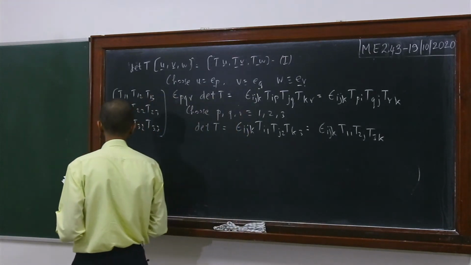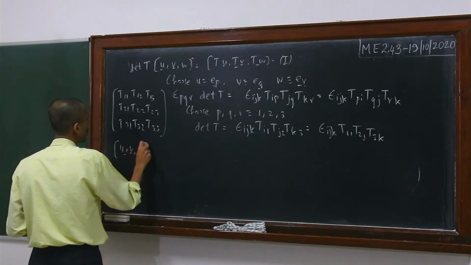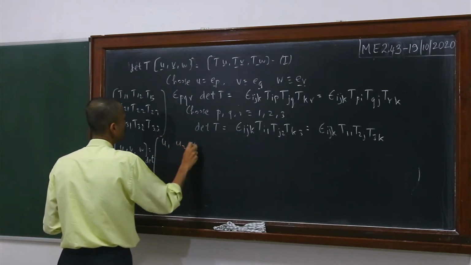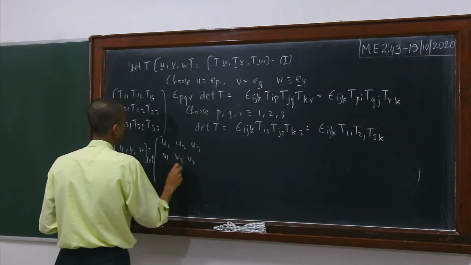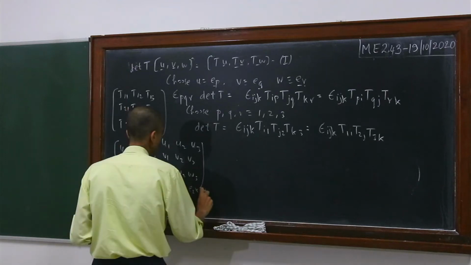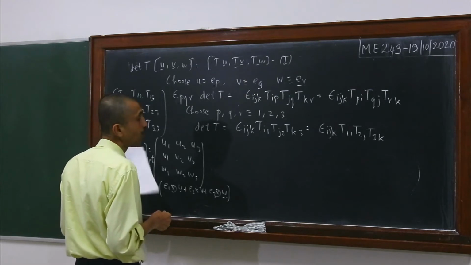We have seen that [U V W] is equal to the determinant of U1, U2, U3, V1, V2, V3, W1, W2, W3, right? And so this can be written as the determinant of e1 dyadic U plus e2 dyadic V plus e3 dyadic W. And so now let us try to write the product of two scalar triple products.